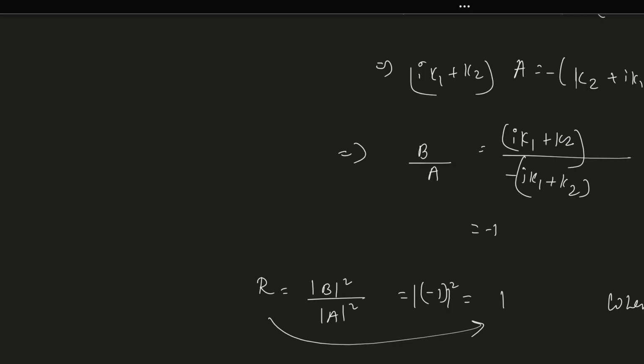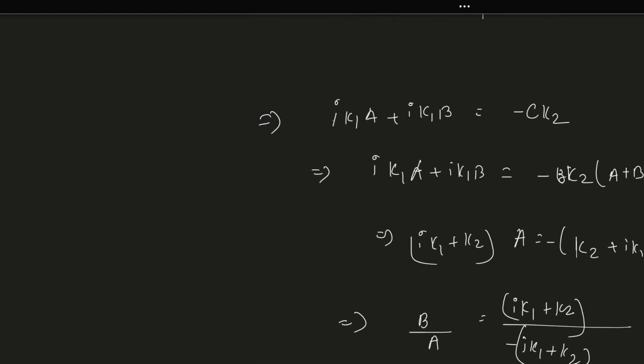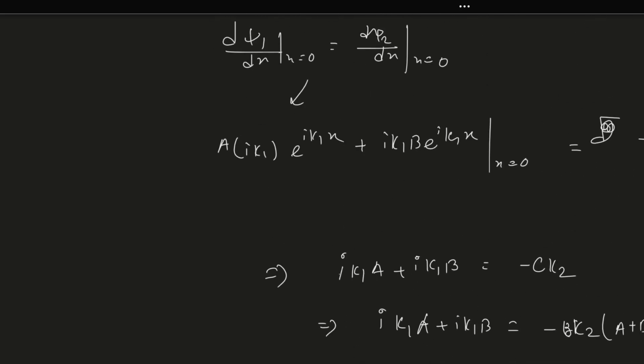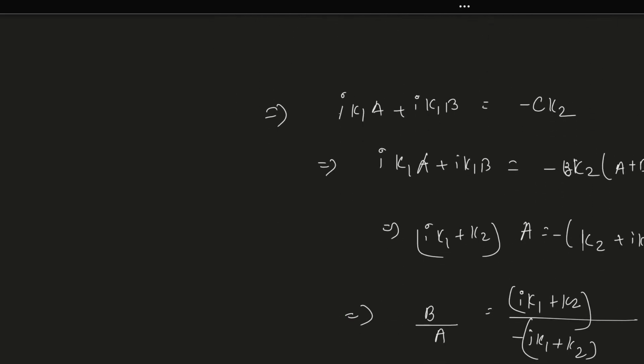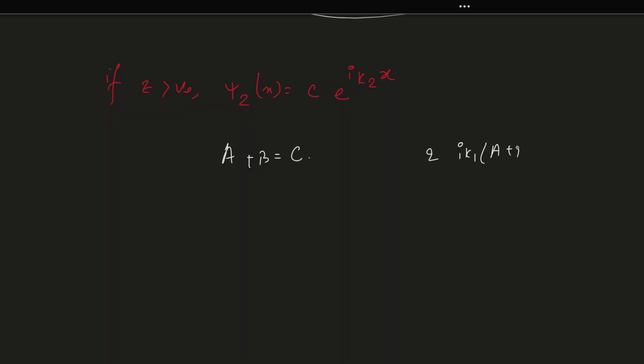Again the boundary condition gives you A plus B equal to C, and the derivative on that is i k2 C, because this e to the power 0 will be equal to 1.